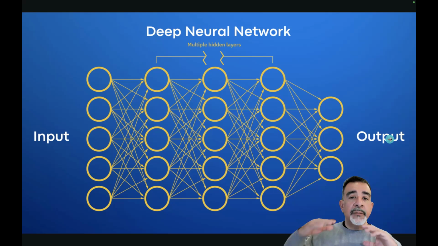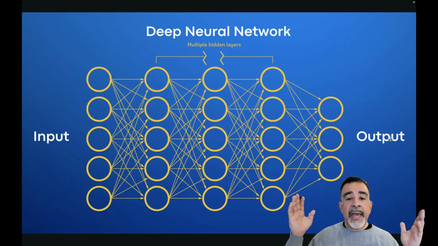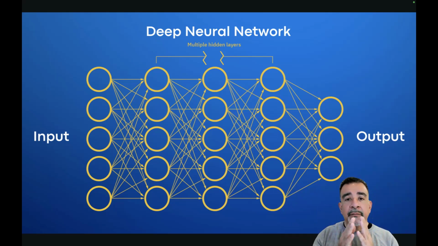And so if you multiply this, you add on layers of neural networks on top of each other. And that's where deep learning, that's where that moniker comes from, because you have several layers deep of these neurons inputting and outputting to each other.